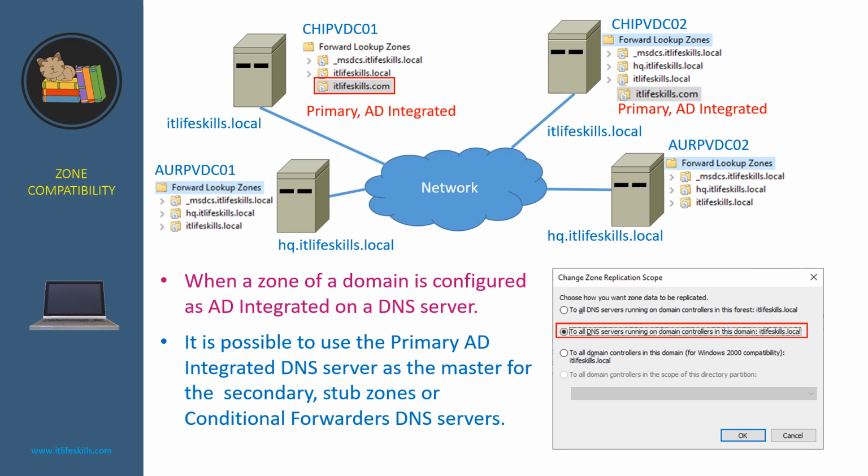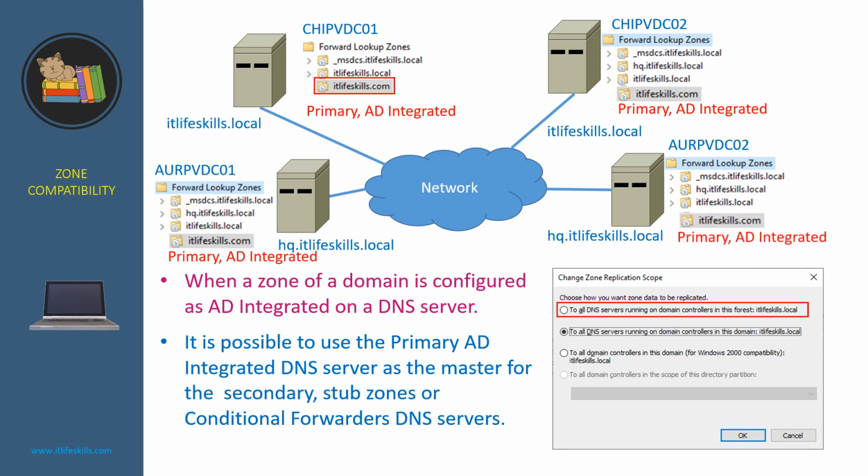Now, if we choose this option, then the zone for itlifeskills.com domain on GPVDC01 will be replicated to all the DNS servers in the same forest. Please note that it is possible to use the primary AD integrated DNS server as the master for the secondary, stub zones or conditional forwarders DNS servers.